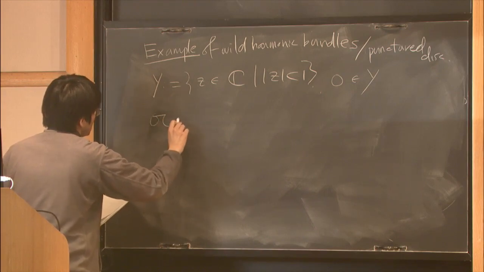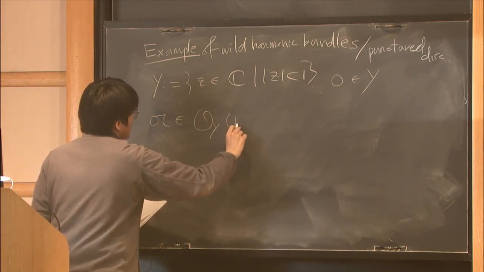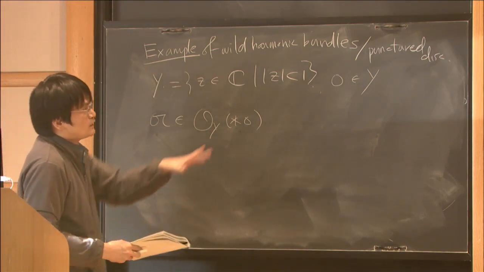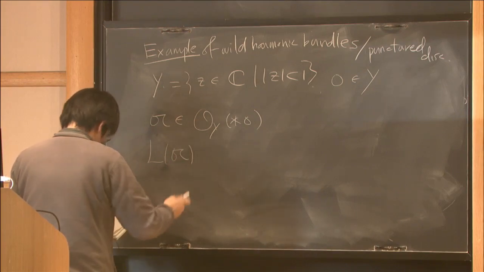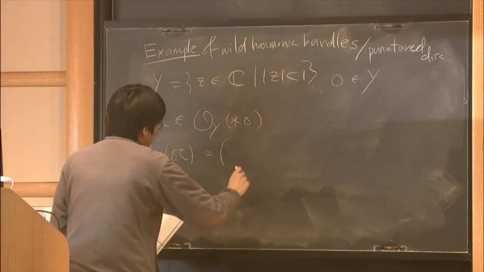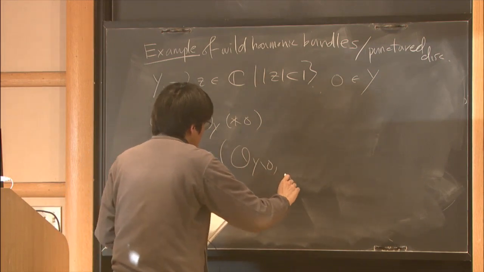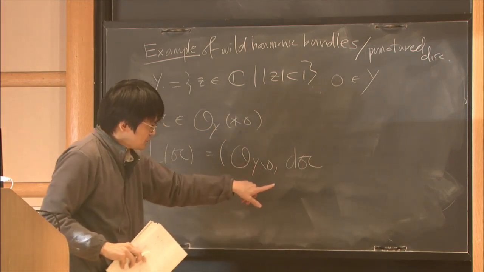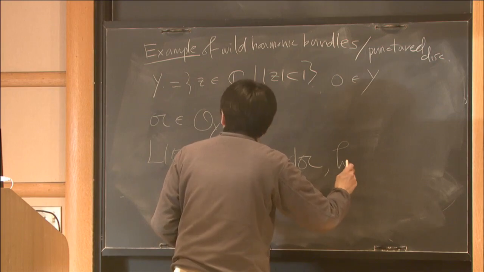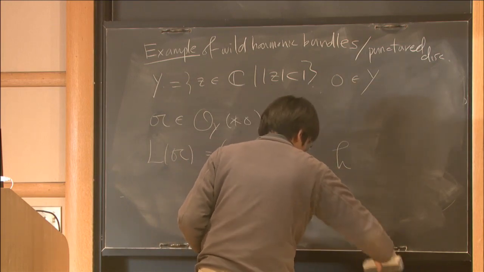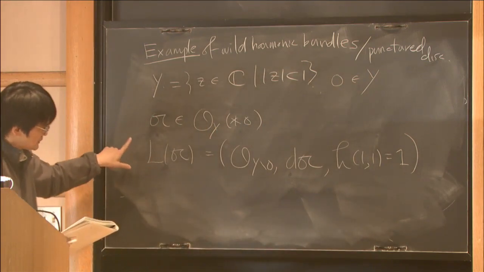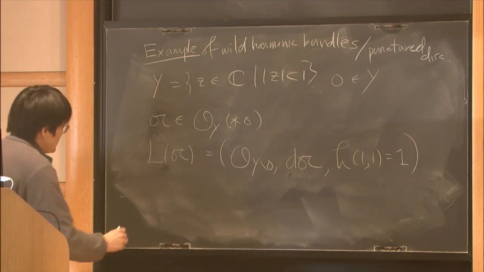If we take a meromorphic function a on Y whose pole is contained in 0, then as I mentioned, we have the wild harmonic bundle given by O_{Y minus 0}, da as the Higgs field, which is the derivative of a, and the metric h. This is again the trivial one.